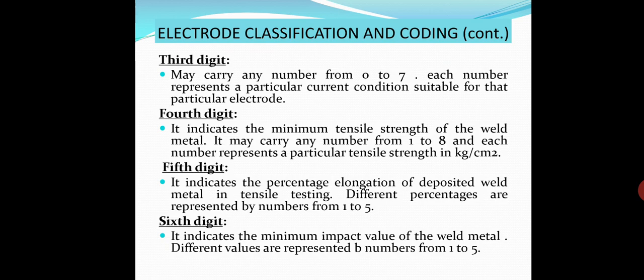The fifth digit indicates the percentage elongation of the deposited weld metal in tensile testing. Different percentages are represented by numbers from 1 to 5. The sixth digit indicates the minimum impact value of the weld metal. Different values are represented by numbers from 1 to 5. So these 6 digits give information about 6 different required parameters.